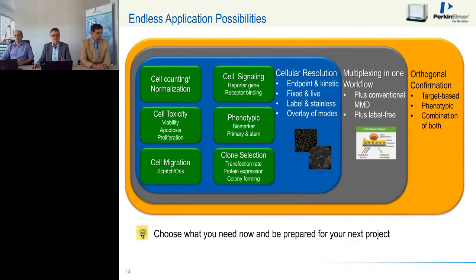So all this type of assays you can run at cellular resolution in an endpoint or kinetic mode for live or fixed cells. You can combine it in one workflow, and that really leads you to the holy grail, to orthogonal confirmation. And with this, I'd like to hand over to Norbert.